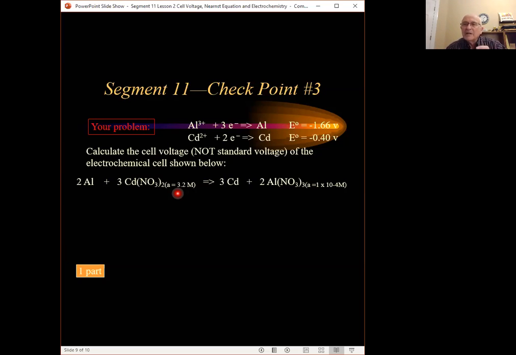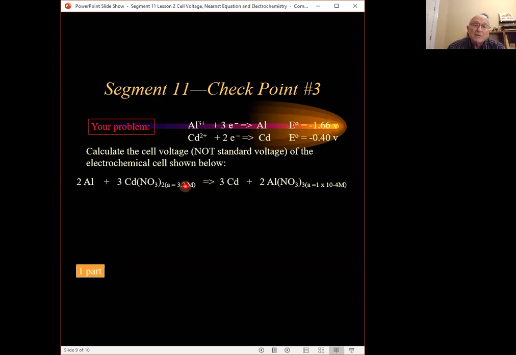And it might not even be a pairing of an ion that's participating in the reaction. Maybe you've got sodium nitrate in the solution to act as an electrolyte to help it conduct an electric current, but it's not involved in the reaction at all. Well, it does affect the concentration of anything that's present.